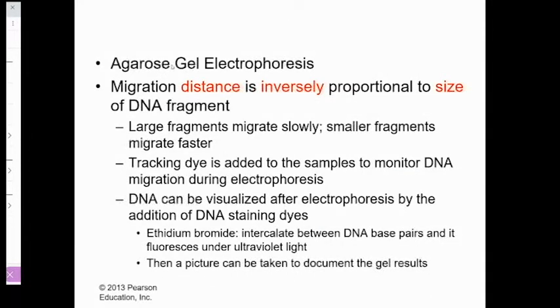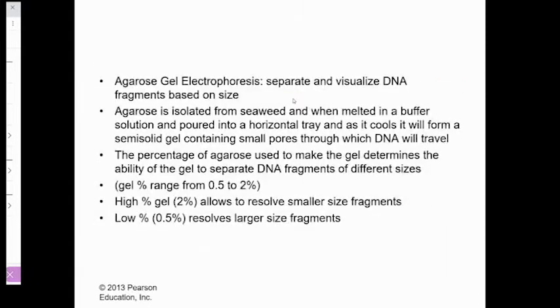So in agarose gel electrophoresis, the migration distance is inversely proportional to the size of the DNA. It's very important: large fragments migrate slowly, smaller fragments migrate faster. And of course, you have the tracking dye to monitor the migration of the DNA.